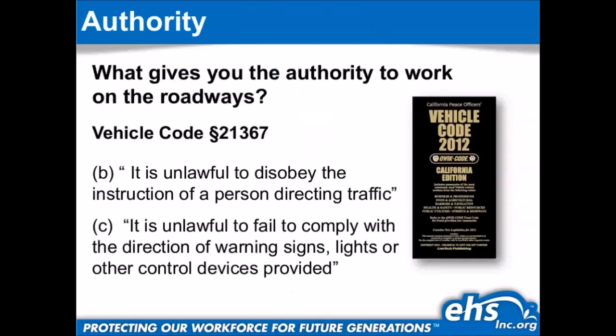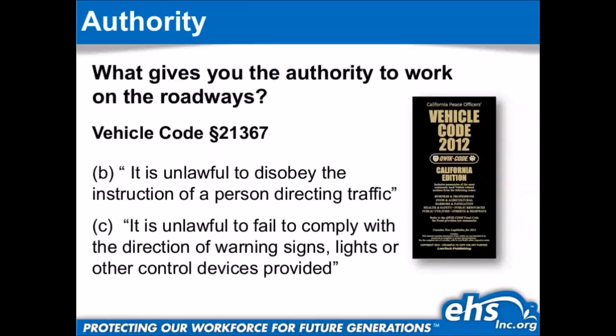Now, the issue with traffic control and why at times it seems like it's ineffective with the public is that there's a big disconnect between the people who are actually doing the work and the people who are driving through these work sites. Usually what the public sees is a guy in an orange shirt working alongside the roadway, and if he's telling them to stop, they think, why is this construction worker telling me what to do on that roadway?